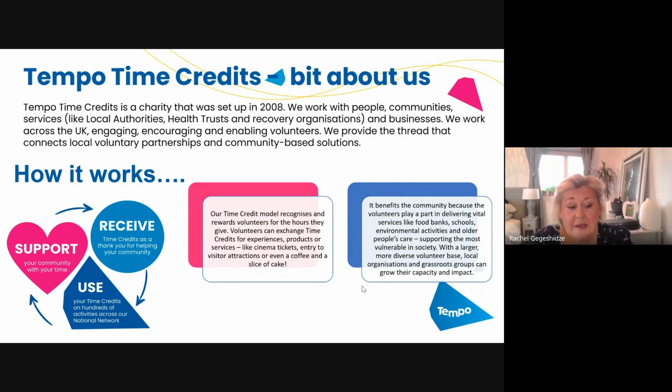People receive a time credit that they're then able to redeem at one of the partners that we have across the programme areas that we work. So from a swim at the local leisure centre, to watching a film at the theatre, to having an opportunity to go and visit the Tower of London or a trip down the Thames.